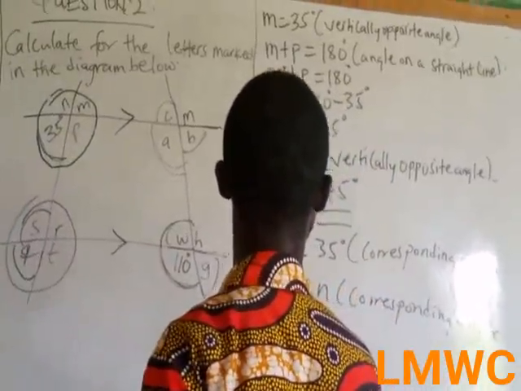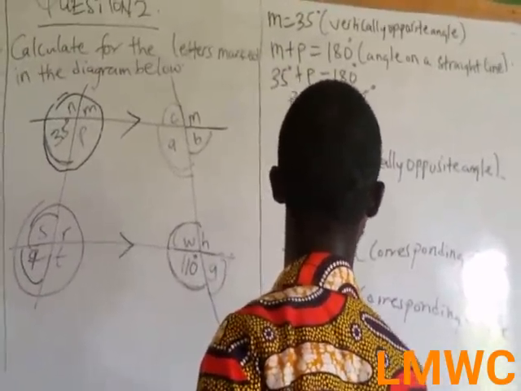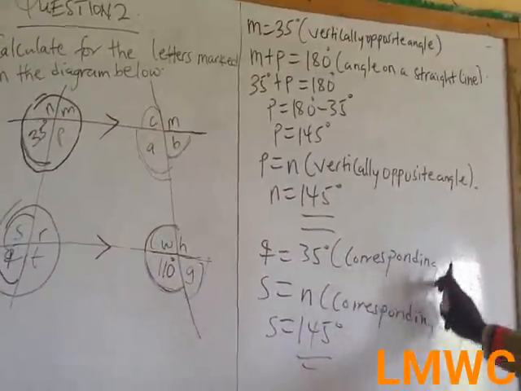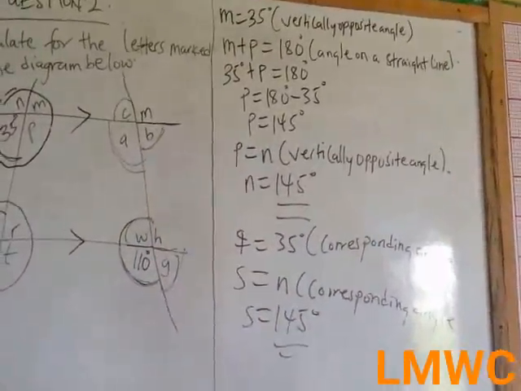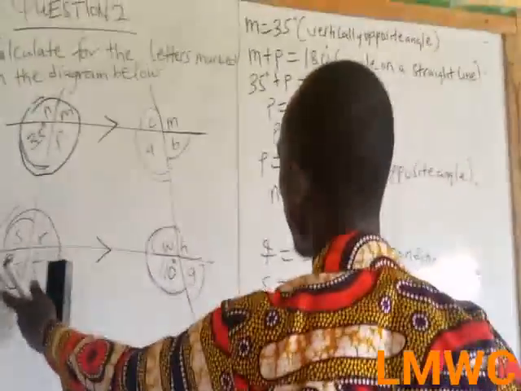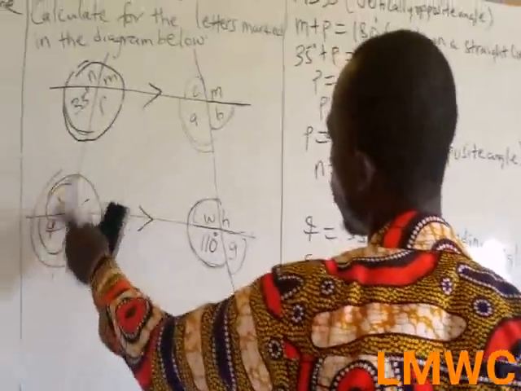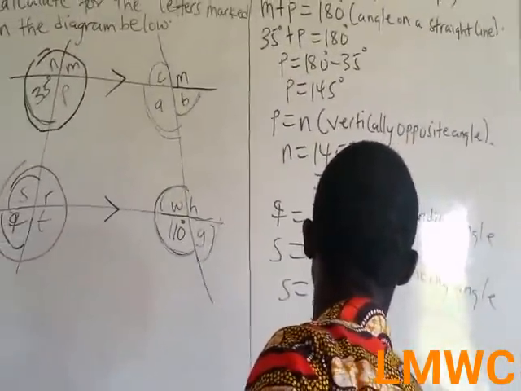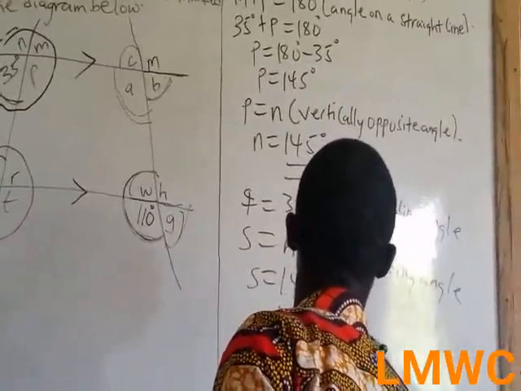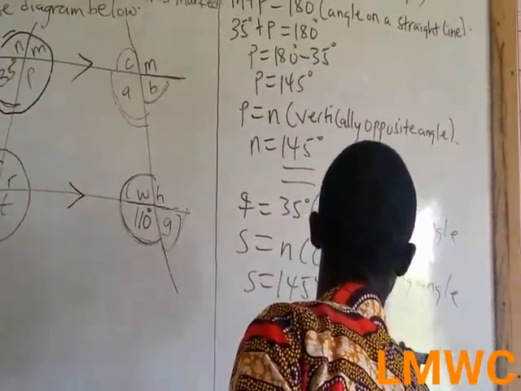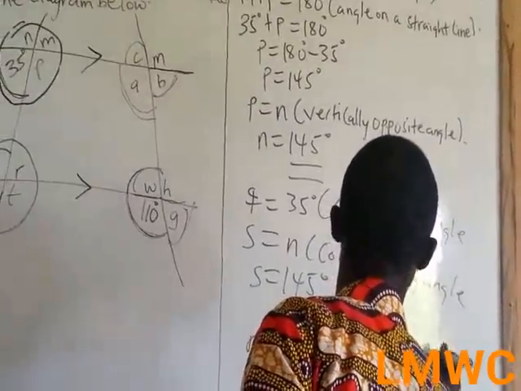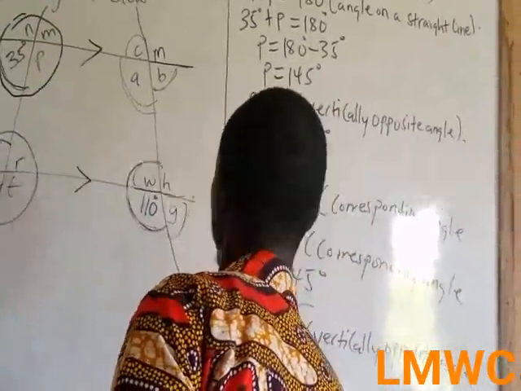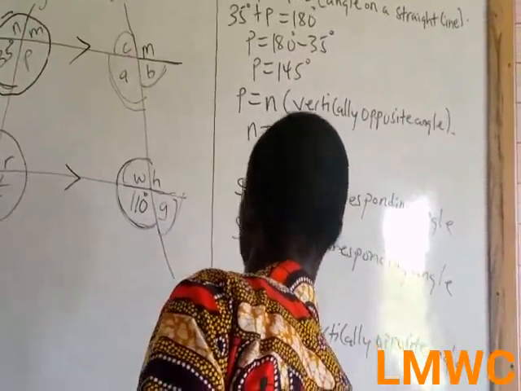So S is 145 degrees because N is 145. So once you know what you are doing, you can choose one type of angle to be solving your question. So we know Q to be what? 35. R is simple. R is equal to Q. That's vertically opposite angle. So R is equal to 35 degrees.